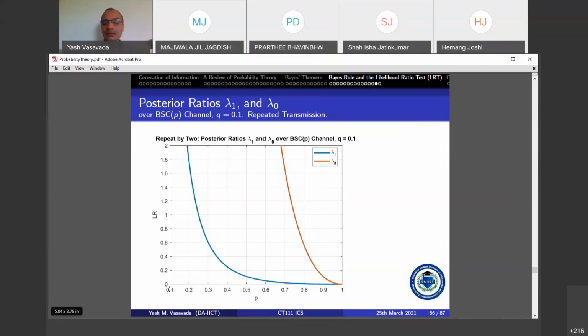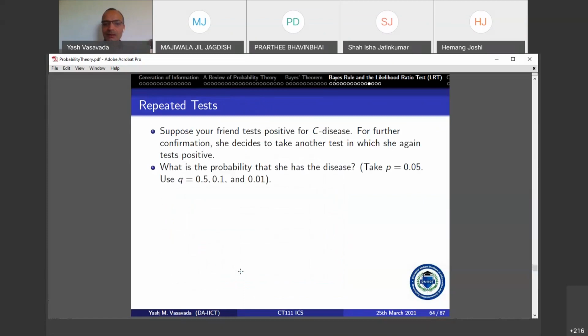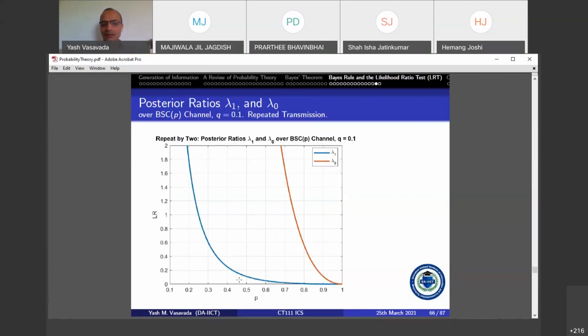Let us look at the case when Q is 10%. So let us again pick up some values. In the single test case, when Q was 10%, and let us say P was 40%, this lambda 1 ratio was about 0.2. At the same value of P, lambda 1 became slightly more than 0.2.